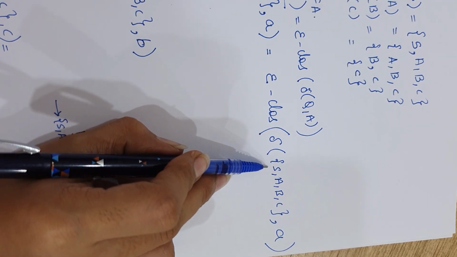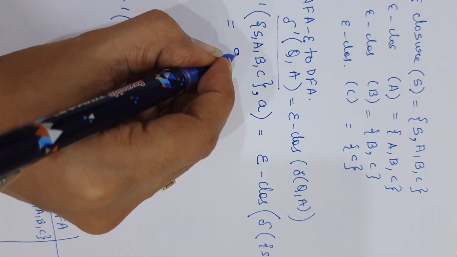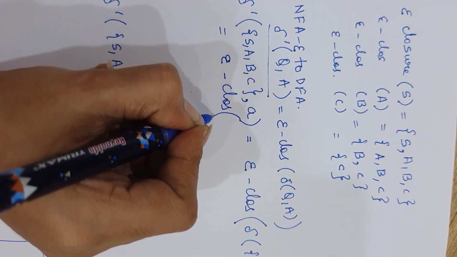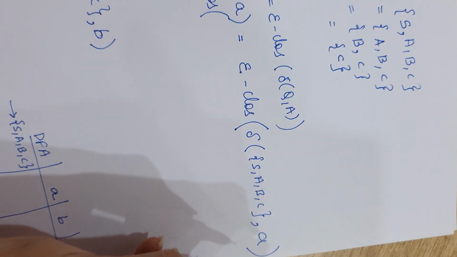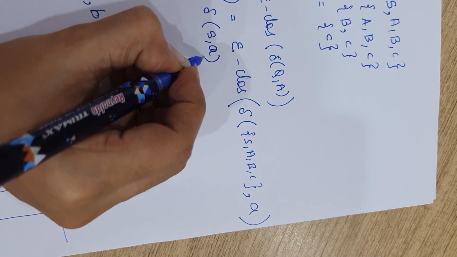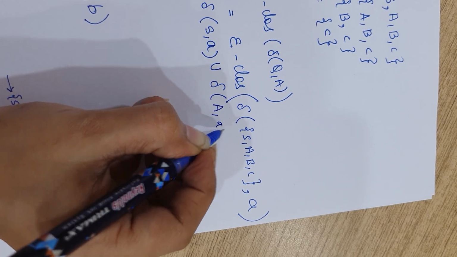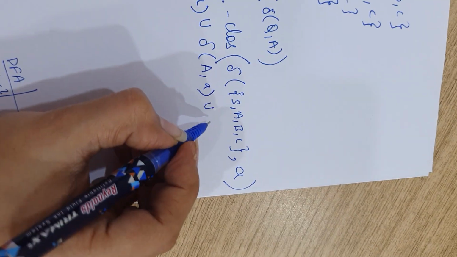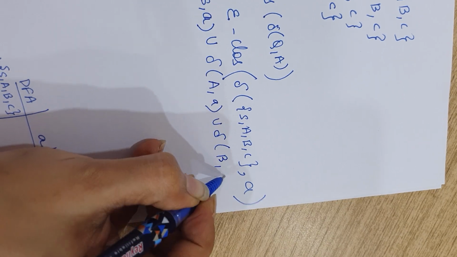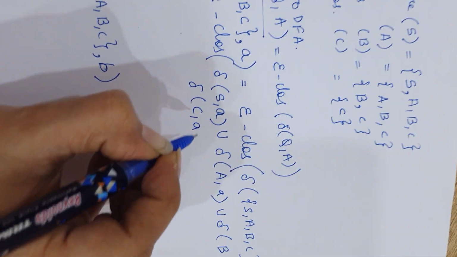After you get this answer, you will find the epsilon closure. This epsilon closure here remains as it is, and first I will expand these transitions. So I'll find the transition of S with A union A with A, transition of B with A and transition of C with A.